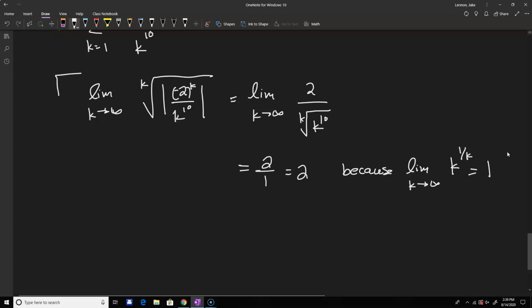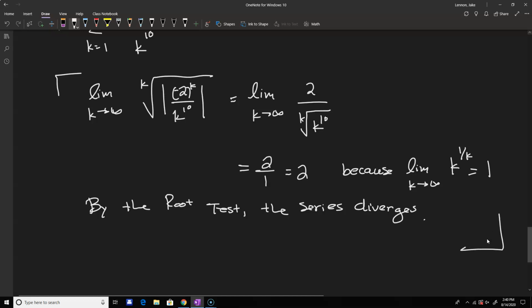But since each one of them is 1, multiplied together 10 times is 1. So we get something bigger than 1, so that tells us that by the root test this series diverges. So that is the conclusion there.